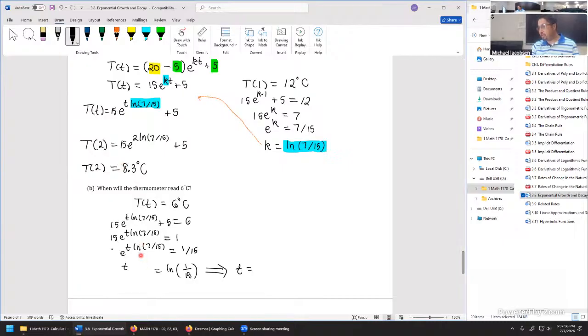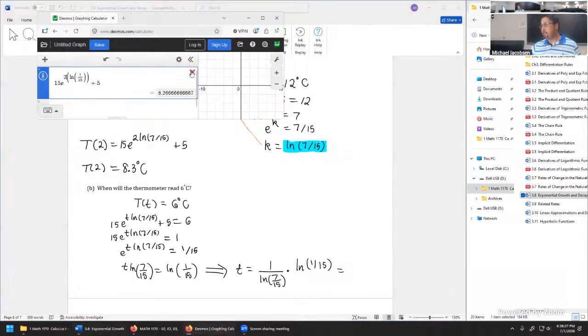T times natural log 7/15. I thought it looked a little bit funny, so sorry for that error right there. Those parentheses are vital with the function notation. When we divide by that, the best way to write it is 1 over natural log 7/15. So that will give us the correct quantity times the natural log of 1/15. So it's just these two logarithms dividing each other. They're both negative, so they're going to come out as a positive quantity for time.